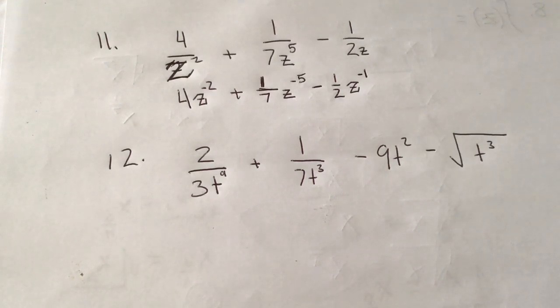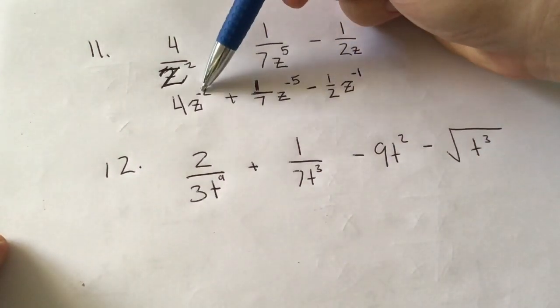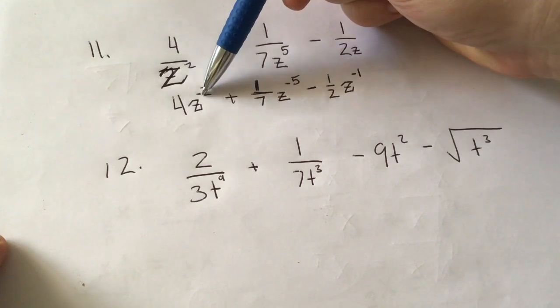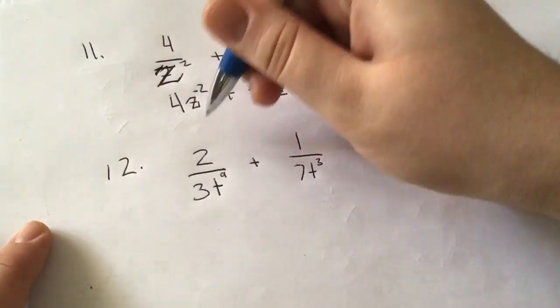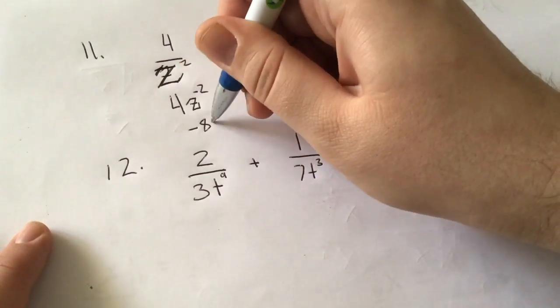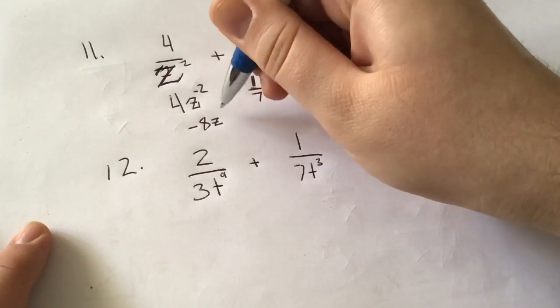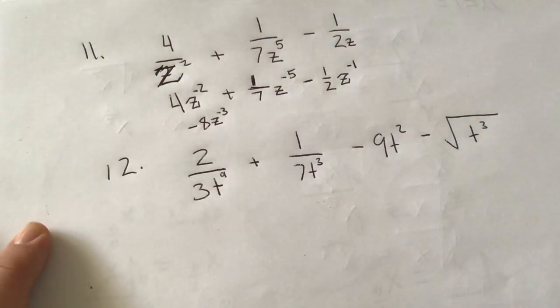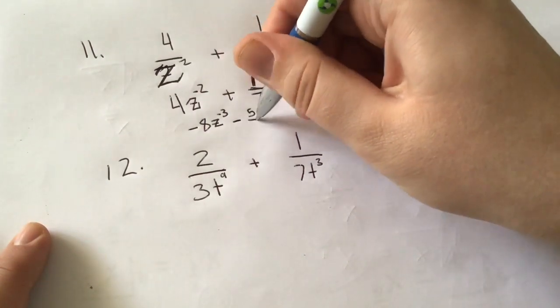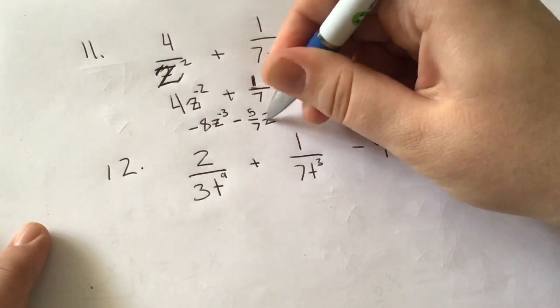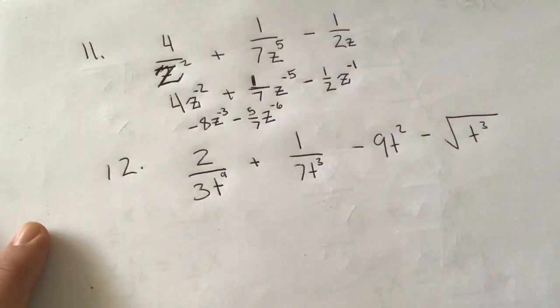Now that we have our equation written in a proper form for using the derivative power rule, we can go ahead and do that. If you recall, the derivative power rule says we multiply the exponent and the coefficient, and then we subtract 1 from the exponent. So 4 times negative 2 is going to be negative 8, and then 1 less than negative 2 is negative 3. 1 over 7 times negative 5 is negative 5 over 7, and 1 less than negative 5 is negative 6.